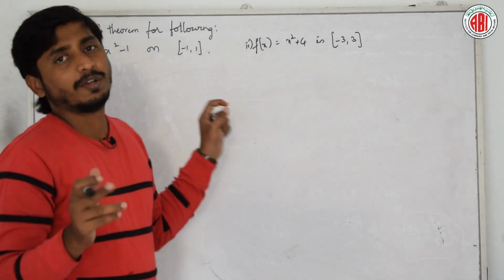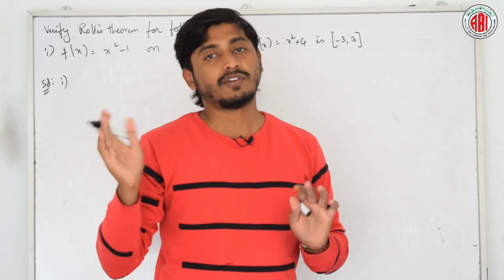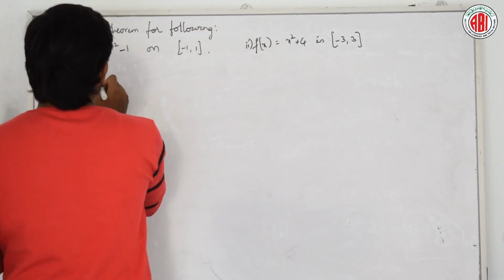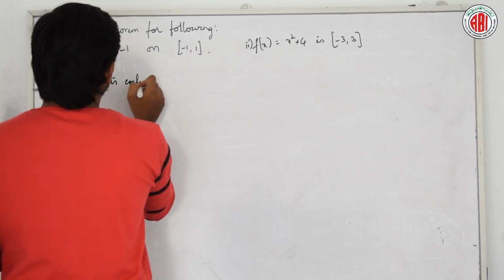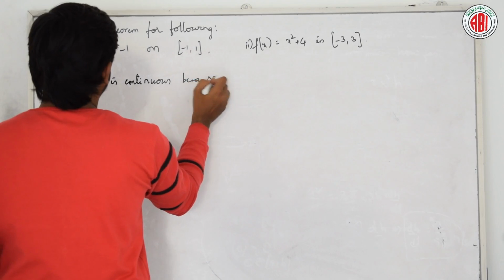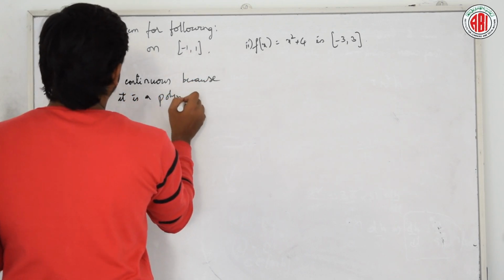Why? Because a polynomial is a graph that continues forever. So we can directly tell that f of x is continuous because it is a polynomial.